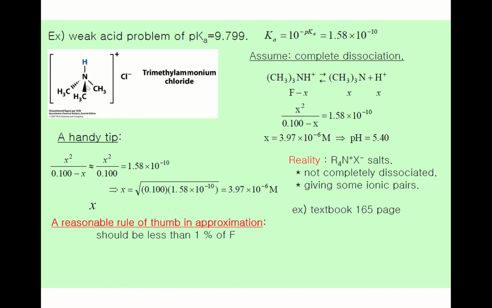This proton dissociates, but its dissociation constant is small. The pKa is 9.799, so Ka is 10 to the minus 9.799, which is 1.58 times 10 to the minus 10. Wow, it's very small. So this compound behaves as a quite weak acid.